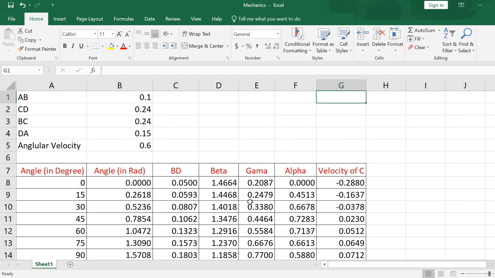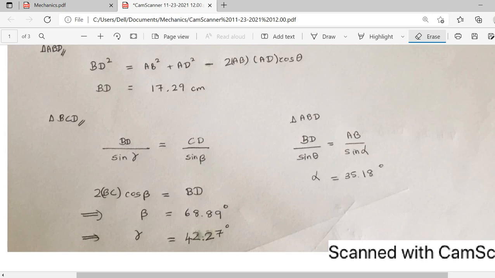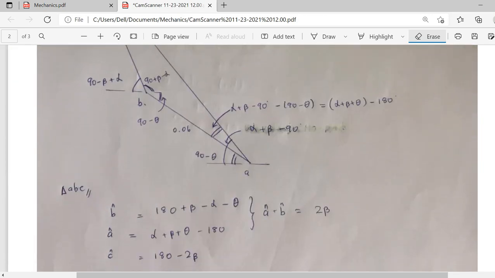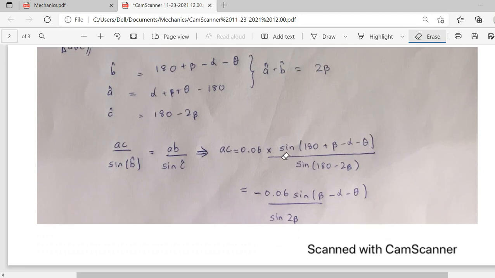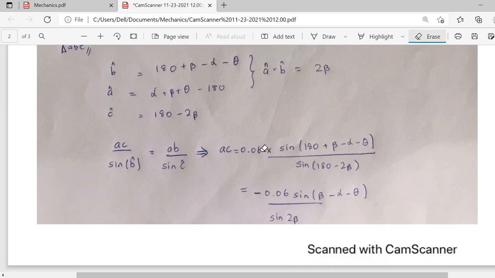So after that, we need to find the velocity of C. For that also, we have derived an equation. So over here, yes, I have got this. Here we need to multiply this by AB. AB means the velocity of B relative to A. A is a fixed point, so that is the actual velocity of C. If I substitute and simplify this, I'm getting the minus sign.